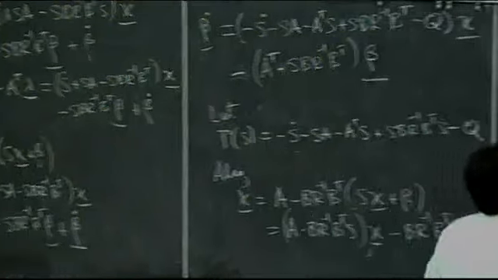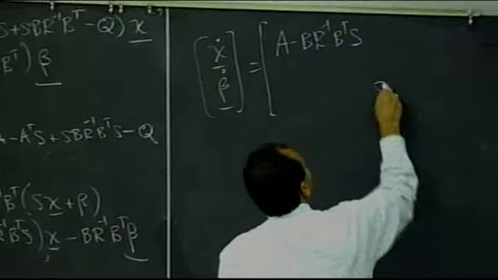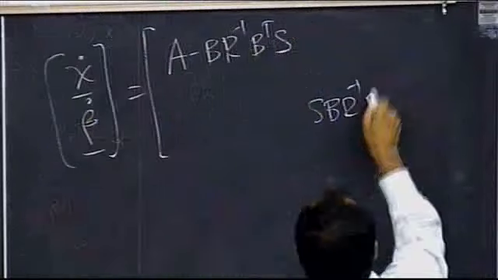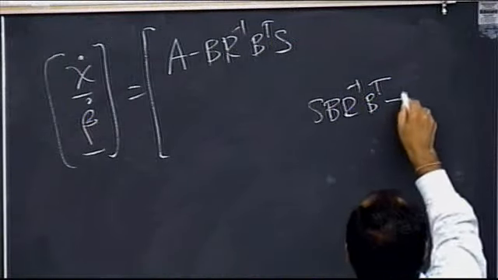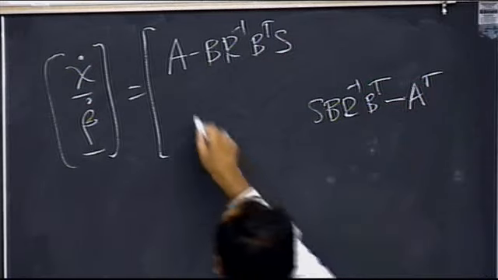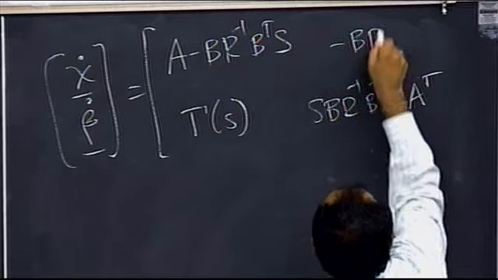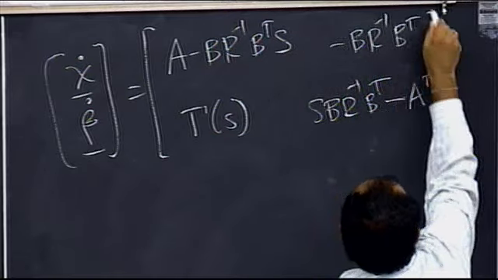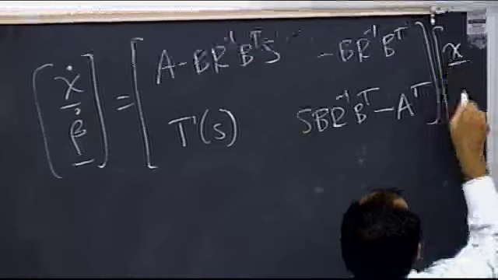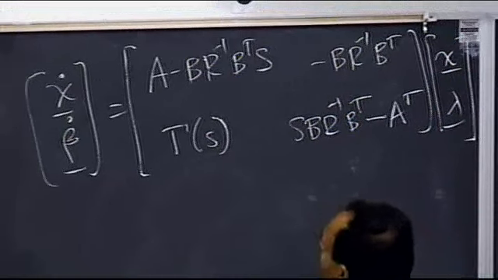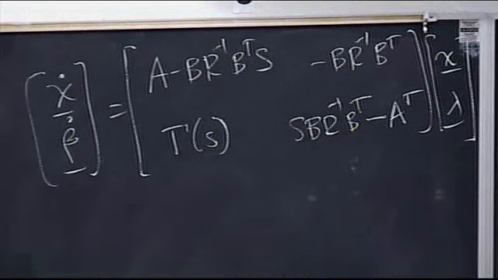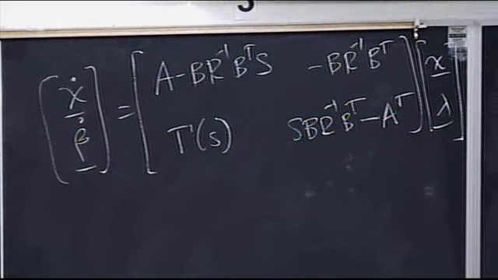I'll rewrite it over here. So I've got S B R inverse B transpose minus A transpose. I've got gamma of S, and here I get minus B R inverse B transpose times X lambda. Now, by doing that whole algebraic manipulation, it seems like we haven't done anything.